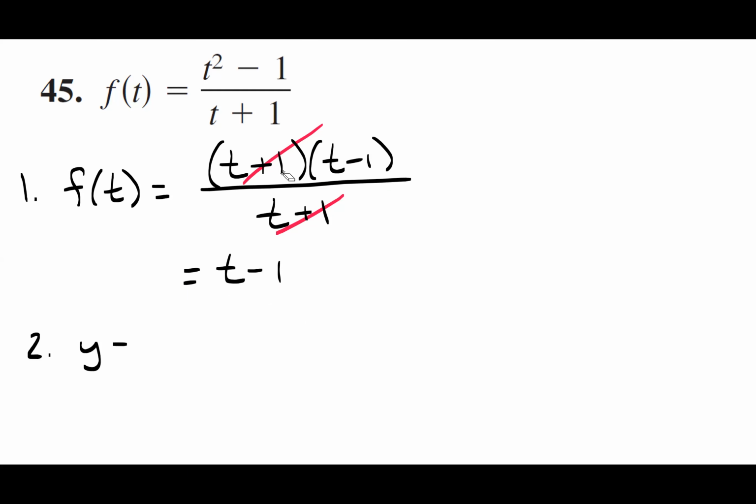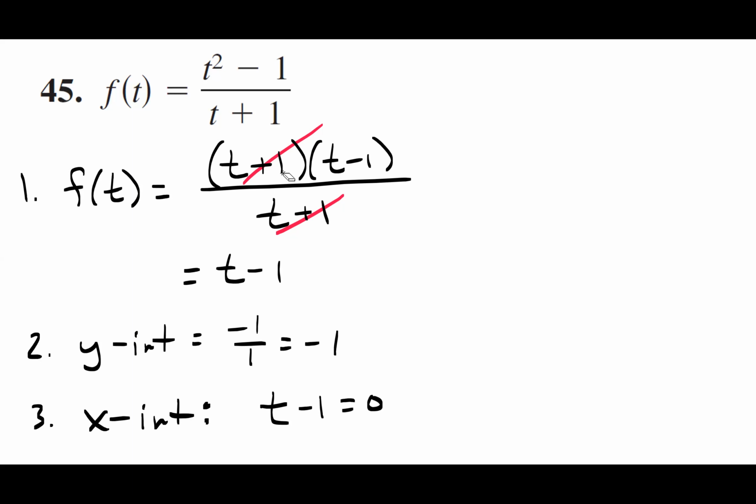So number 1. Number 2, any y-intercepts? Yes, plug in zeros in here. In the original problem, t becomes 0 everywhere. So negative 1 over 1 makes negative 1 as the y-intercept. And any x-intercepts? Yeah, we're going to set the numerator to zero.